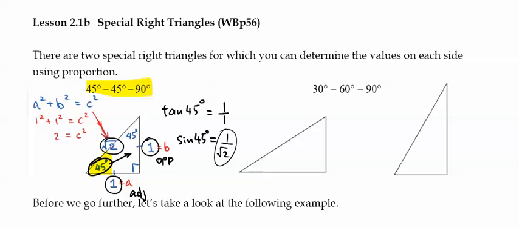So what happened with these special right triangles is that we can actually come up with exact values without dealing with round-off error. When you are using your calculator, you get round-off error because your calculator cannot come up with exact values. Your calculator will always round your answer to 10 decimal places.